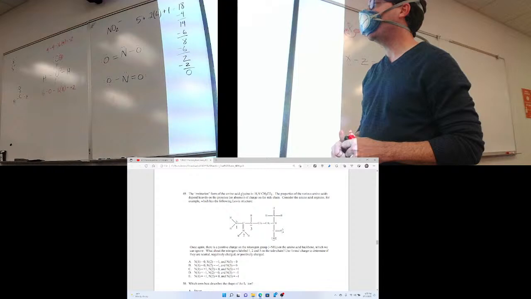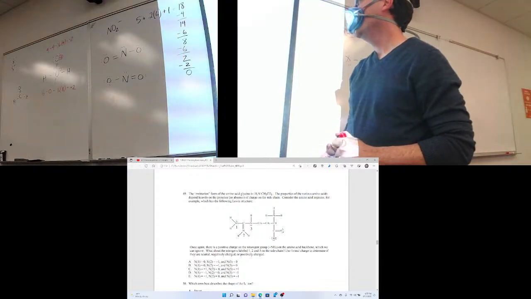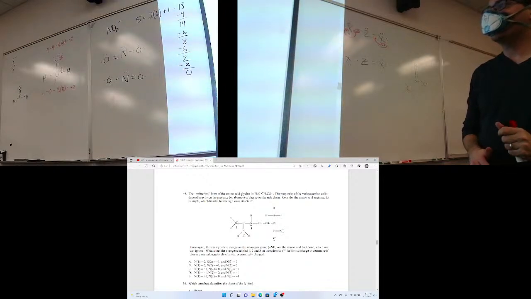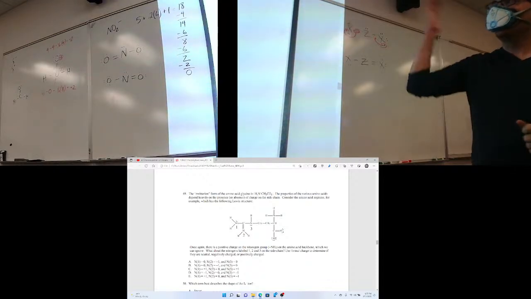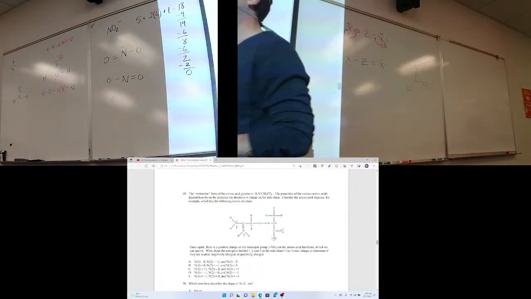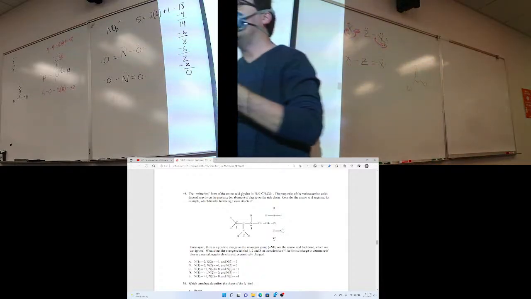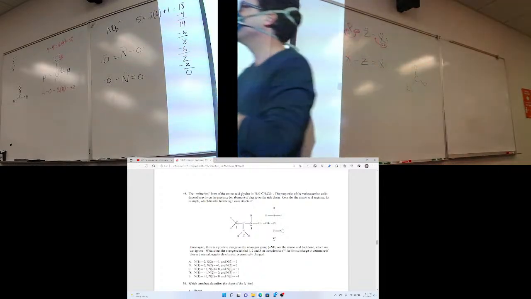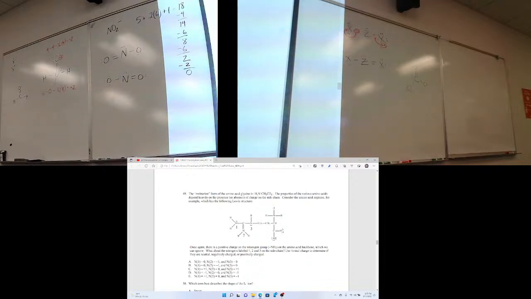What about the nitrogens labeled 1, 2, and 3? Use formal charge to determine if they are neutral, negatively charged, or positively charged. Feel free to do it the way I showed you. You can also do shortcuts. Nitrogen has 3 bonds and a lone pair. That's what makes it a 0 formal charge. 1, 2, 3, lone pair. That's 0. 1, 2, 3, lone pair, that's 0.